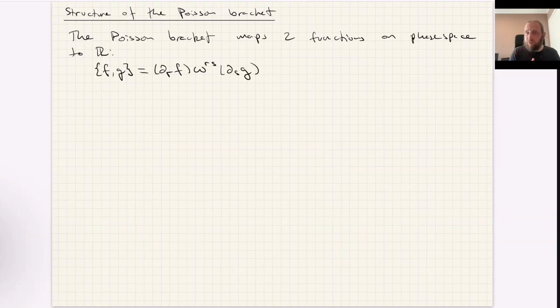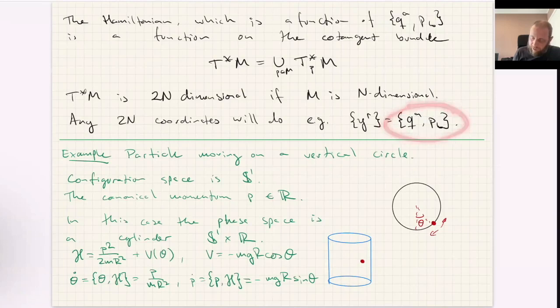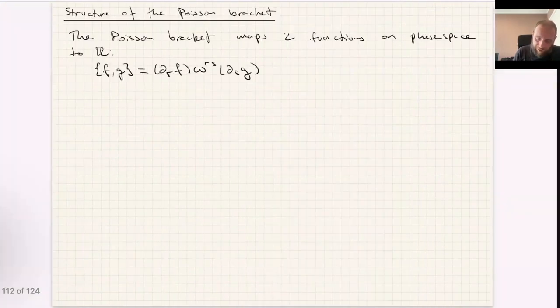And now I'm using these y coordinates, right? I'm using these coordinates that include all of the q's and all of the p's, right? And this omega here, omega^{rs}, is defined as the Poisson bracket between y^r and y^s.